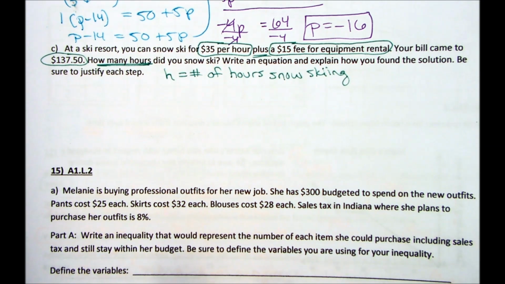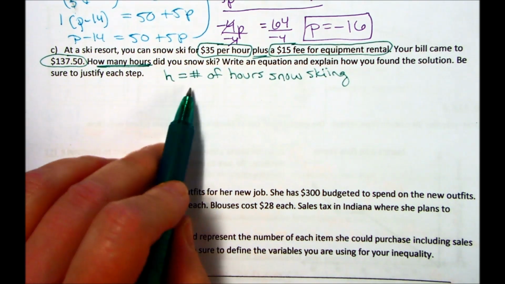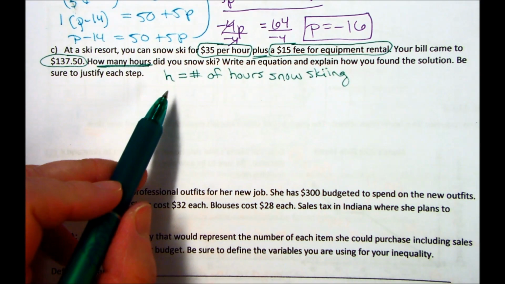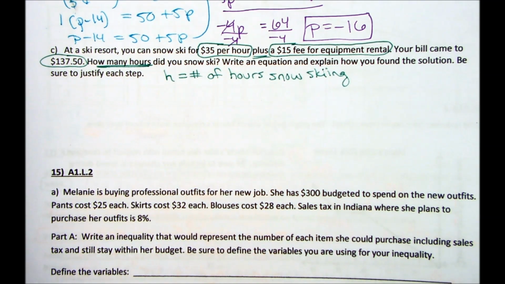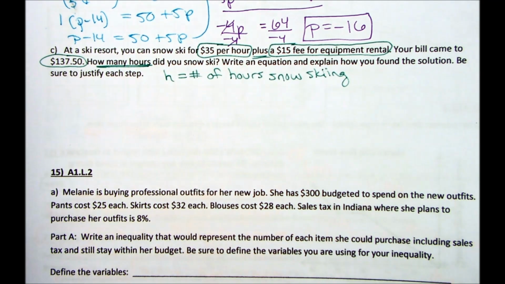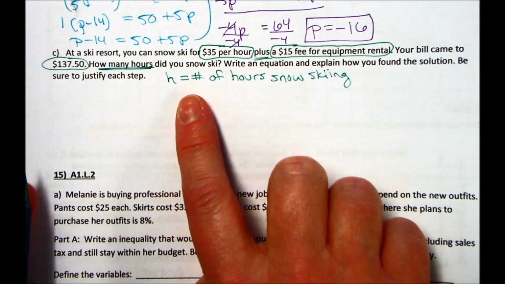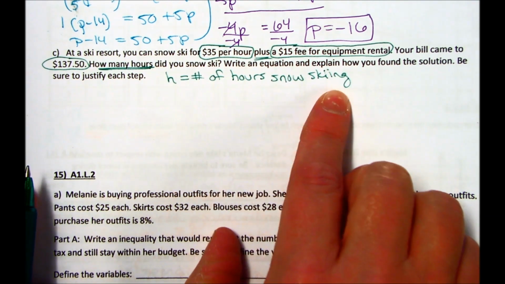I think that's how you spell skiing. All right, so h is the number of hours snow skiing. But you have to define your variables. They can't just be h equals hours. That's not good enough. You need to define what it is about the hours. Is it the number of hours? Is it how many minutes are in the hour? So number of hours snow skiing.